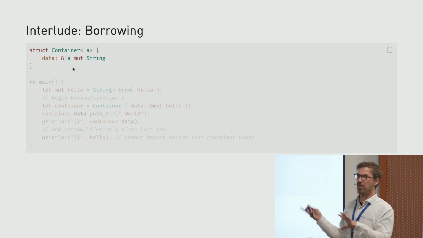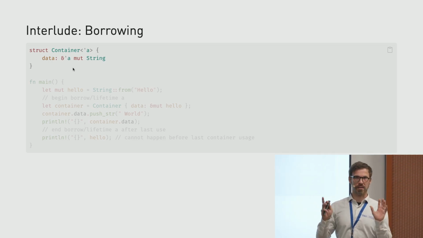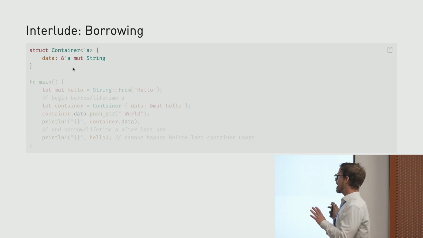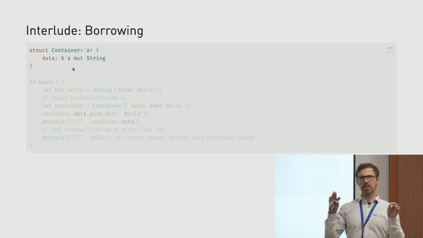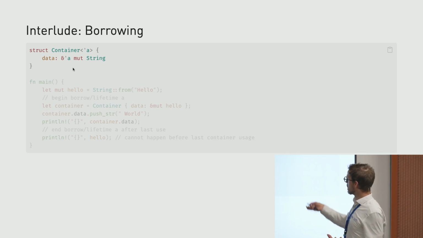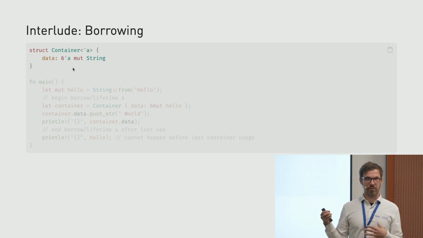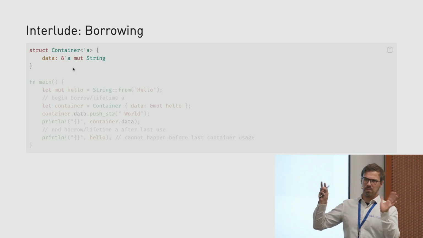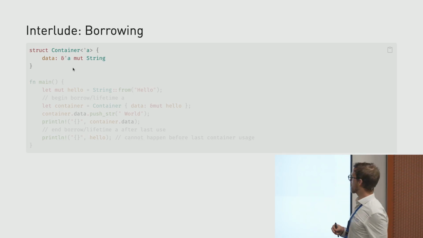And if you're coming from other programming languages, just think it means pointer, which is technically what it is. The quotation mark a is something that is called a lifetime. The only important thing about lifetimes is, if there was a second entry in my struct, which is also a reference, then I could say they have the same lifetime or they have different lifetimes. So it's really not important, but you have to pass them around for housekeeping.